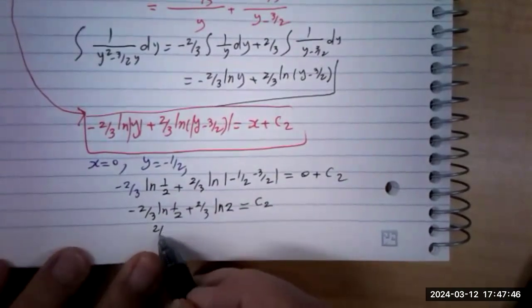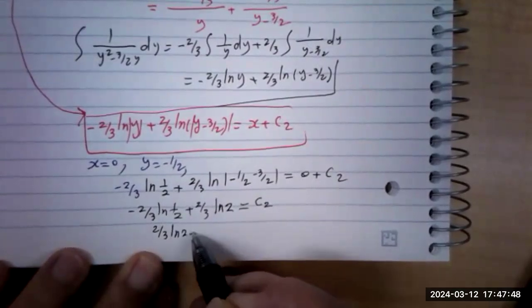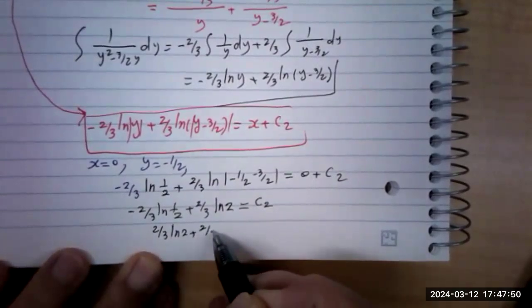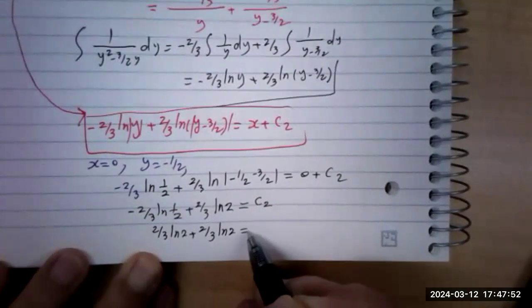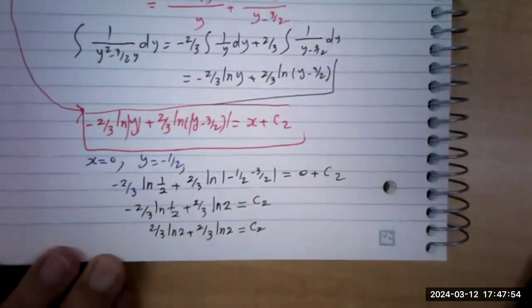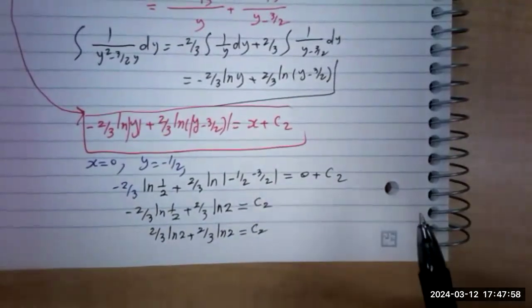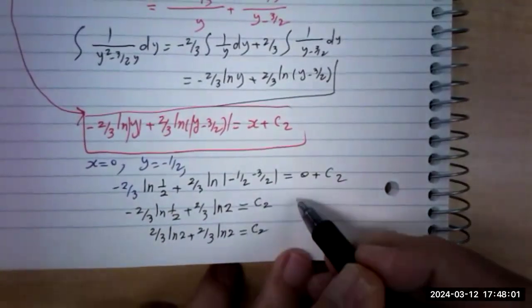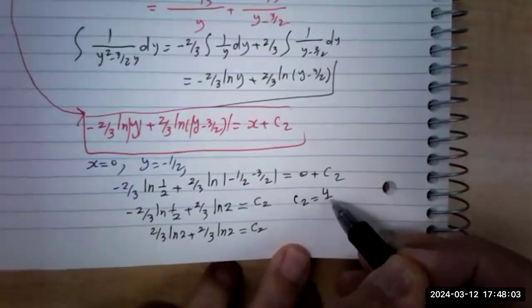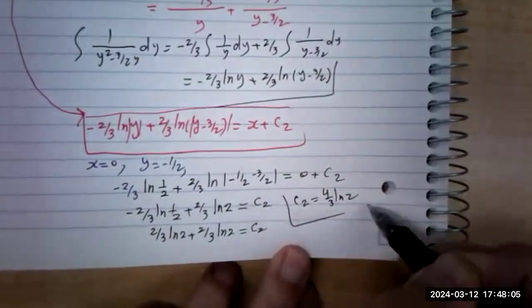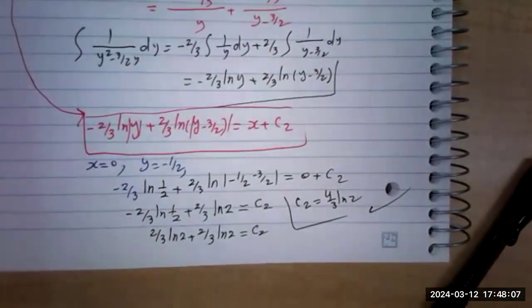So that gives you 2/3 ln 2 plus 2/3 ln 2 equal to the c2. If you put them together, that gives you 4/3. So c2 would be 4/3 ln 2. So you have the other constant at the same time. Put them together. This is always the case.